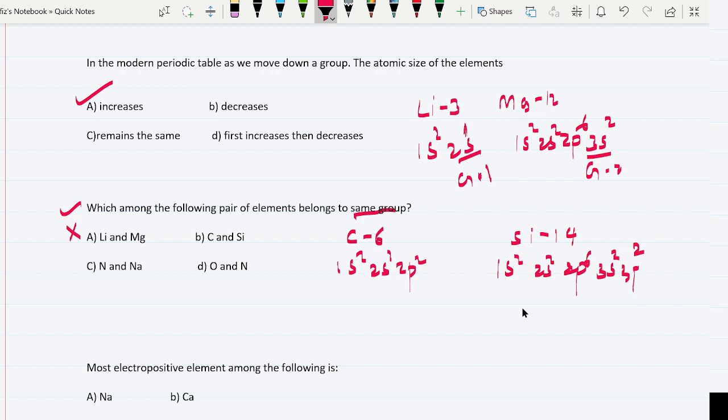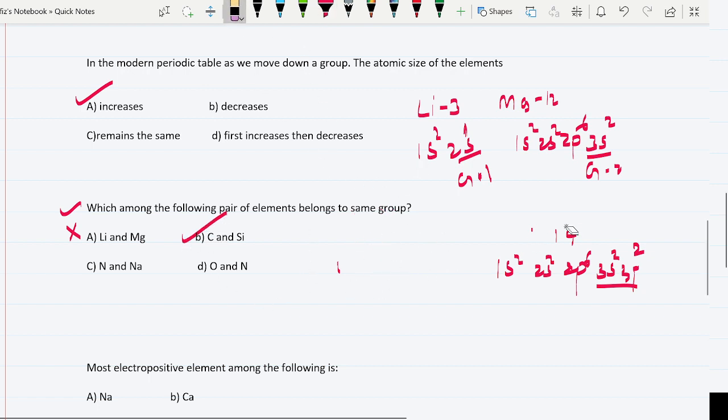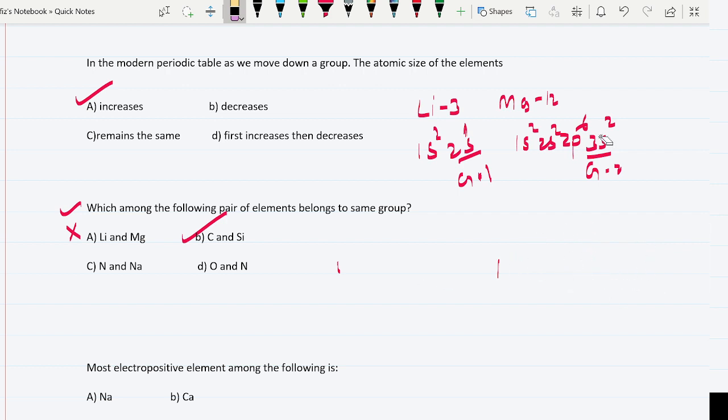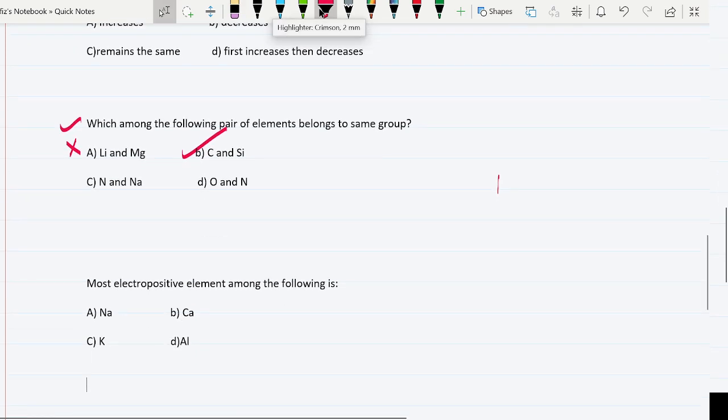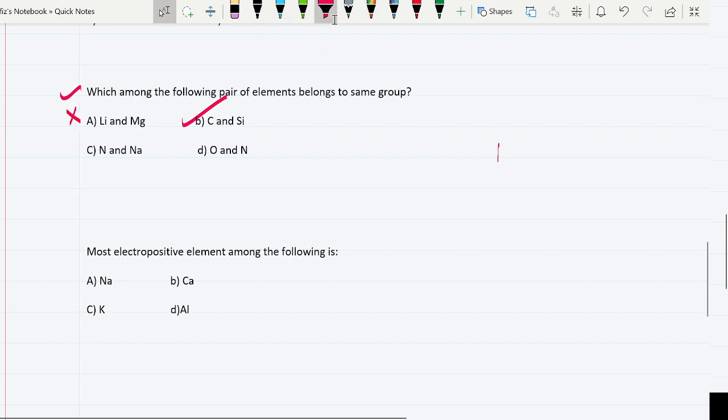You can see the valence shell has an equal number of electrons, means option B is right here. Remember, this is how you will do it, children. These are some tricks that will help you in the exam to crack such questions in a blink of time.